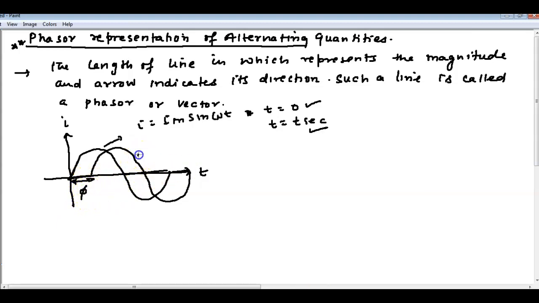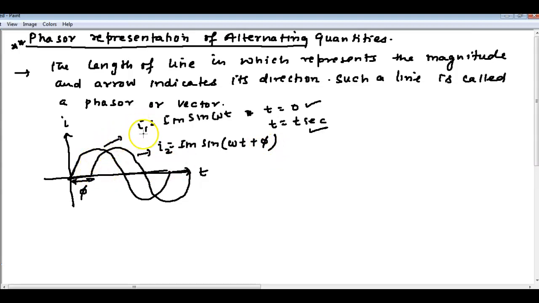The equation of this new current, which starts after t is equal to t second, I can write as I is equal to Im sine of omega t plus phi. Plus phi means it has the same peak value of current, same frequency, same time period, but the current is different here. This one I can write as I1, this as I2. Im and omega t are the same, but it starts after t seconds, so there is a gap from the first current.